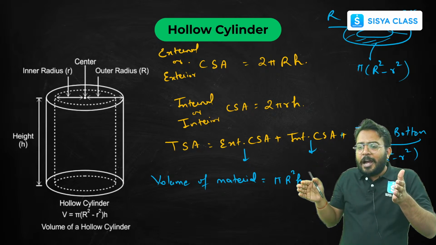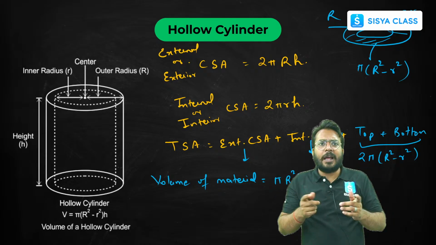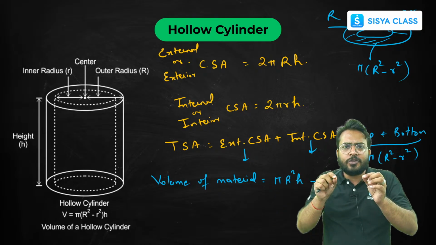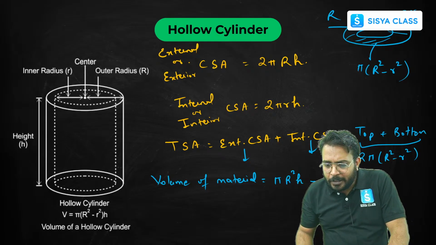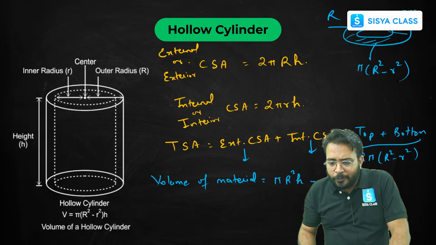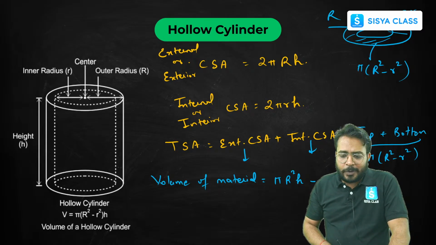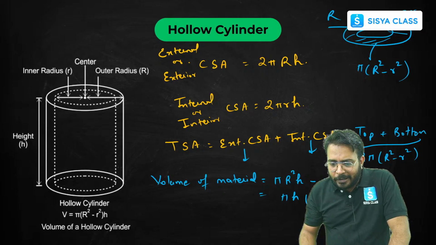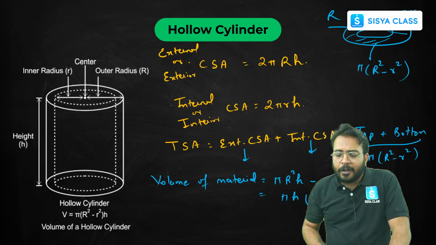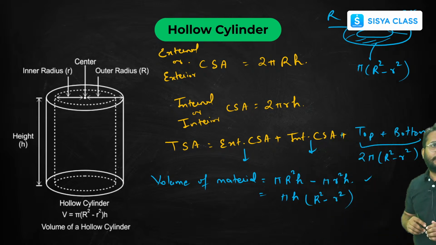So first we use our outer radius, and then we use our inner radius: πR²h − πr²h. This is how you will get the volume of your material. Here you can take πh common, and it is going to be πh(R² − r²).